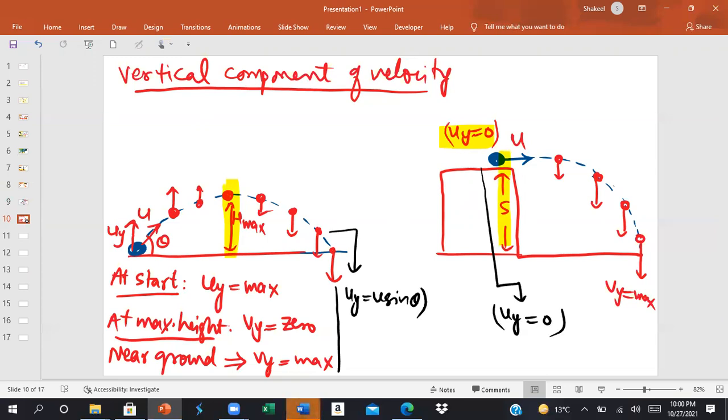So these are the two things. Now if you want to find the vertical velocity at any point once the motion has started, they will give you some time at which the object reaches this point, and you have to find the vertical component of velocity.